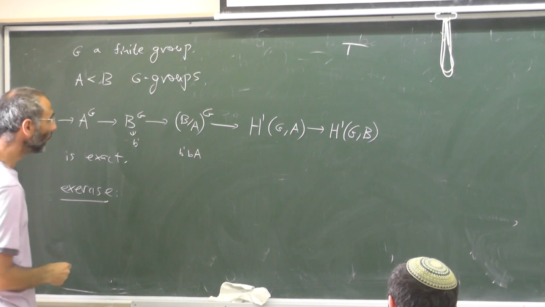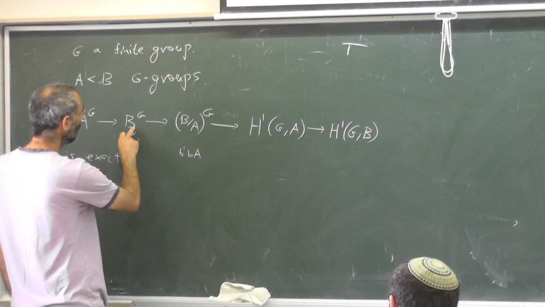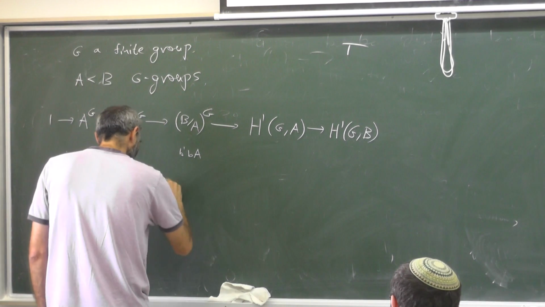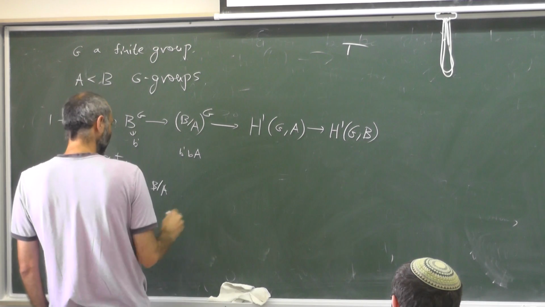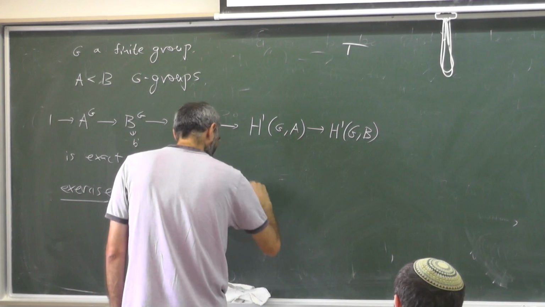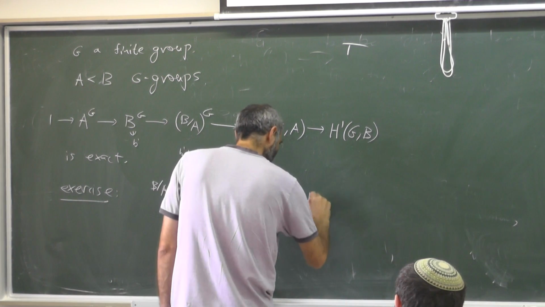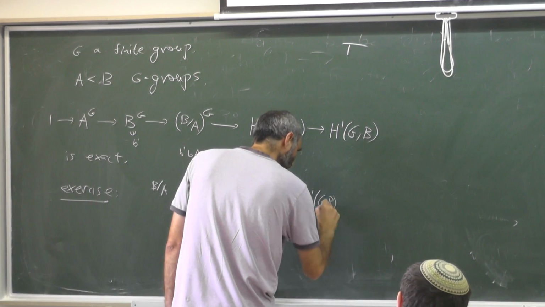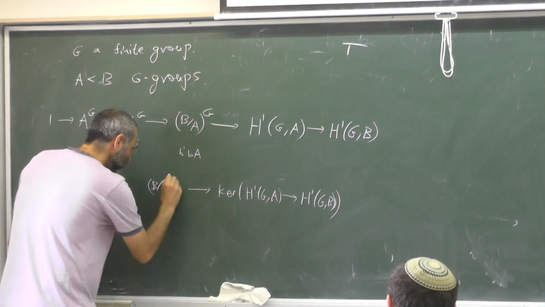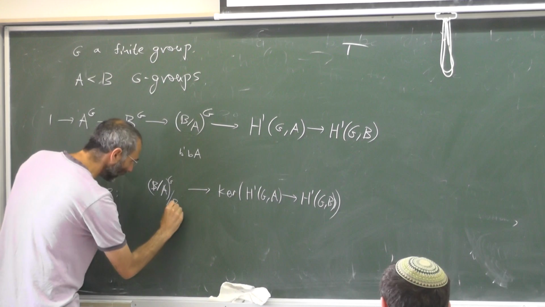So what I want to say is that I can mod out the B-G action here. This is the exercise. The map from this to the kernel is actually B-G invariant.